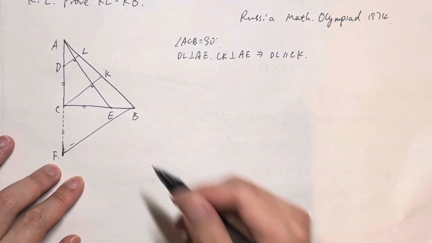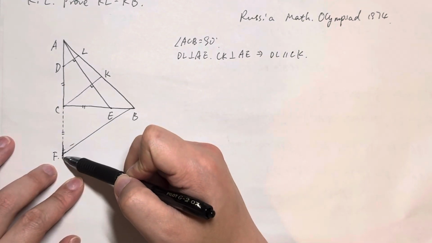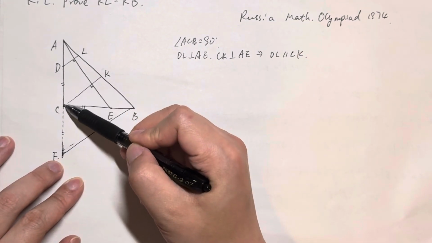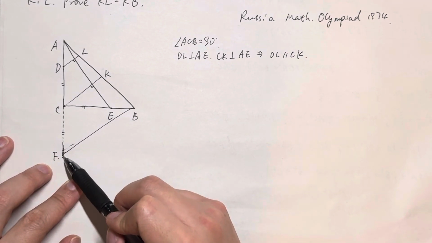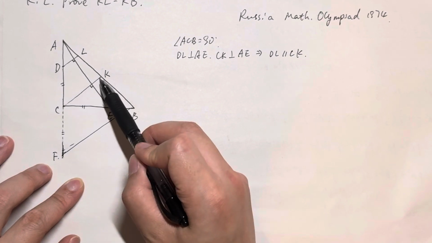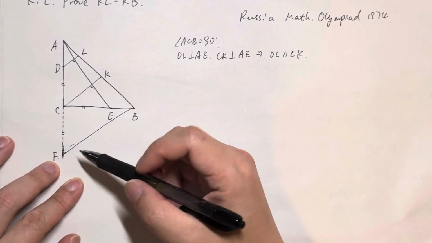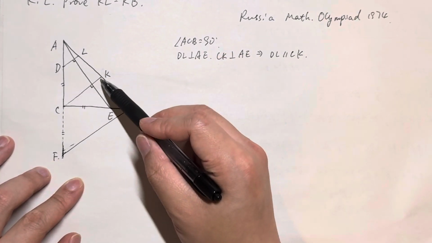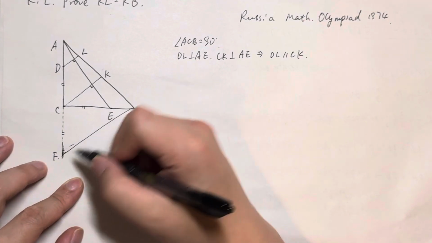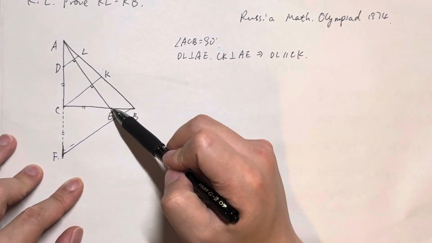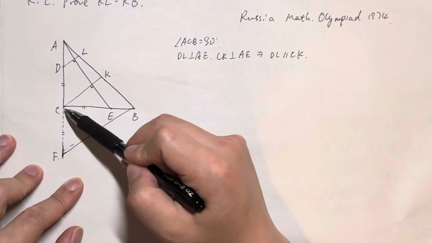So we can think about the problem reversely. First we find the point F, right? And we know that CD equals CE equals CF. So if FB is parallel with CK, then LK equals KB, right? Then the target is to prove that FB is parallel with CK and parallel with DL. So we have DC equals CE and CE equals CF.